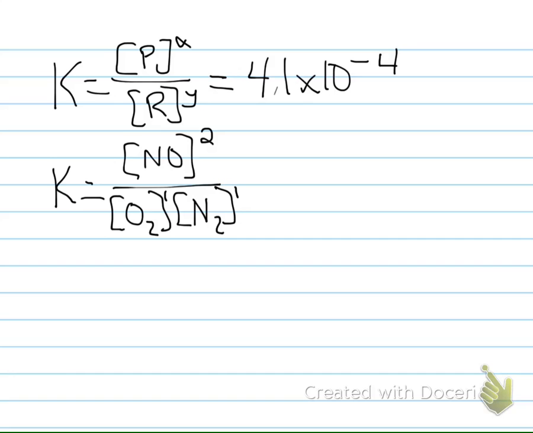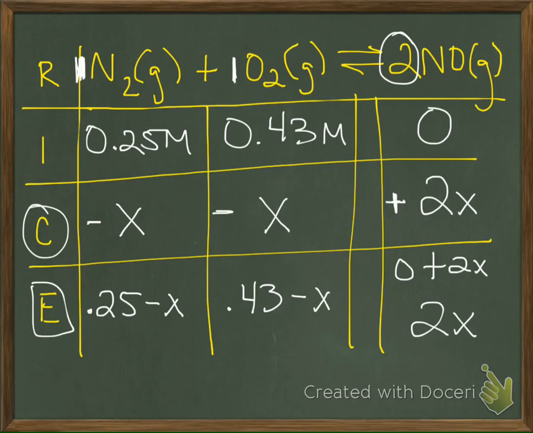It is vitally important that you remember to square this value here. It is the first time we've had to do it, but it is vitally important that we square it. So let's plug in some values that we had from the previous page.